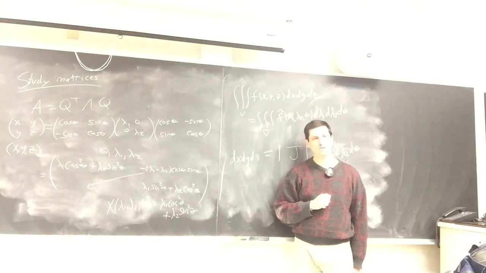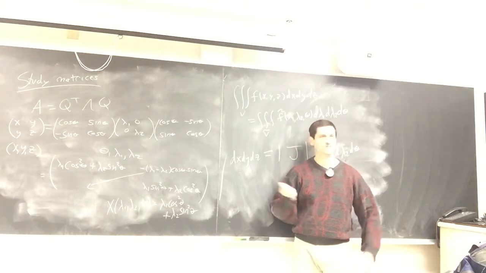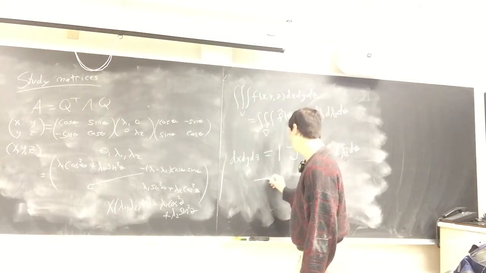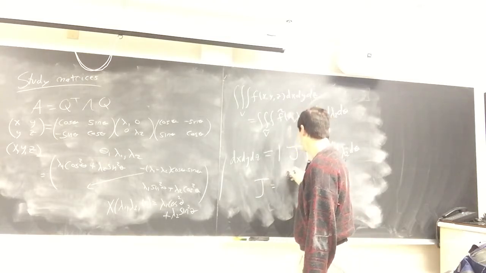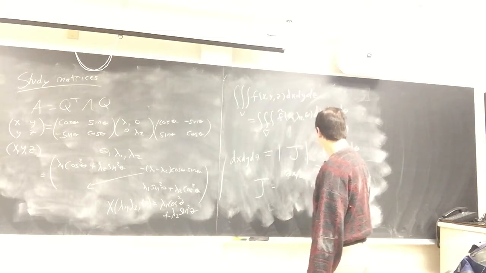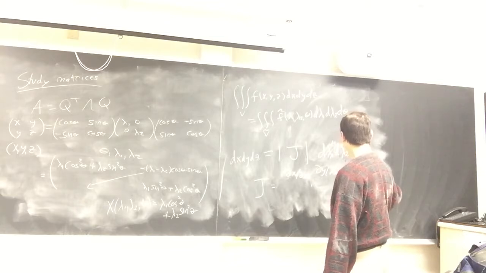And there's two ways you can do it. Because they're just transposes of each other, and the determinant of a matrix and its transpose is the same, it doesn't matter if I flip the definition of the Jacobian. And so the Jacobian will be dx, d lambda 1, dy, d lambda 1, dz, d lambda 1.